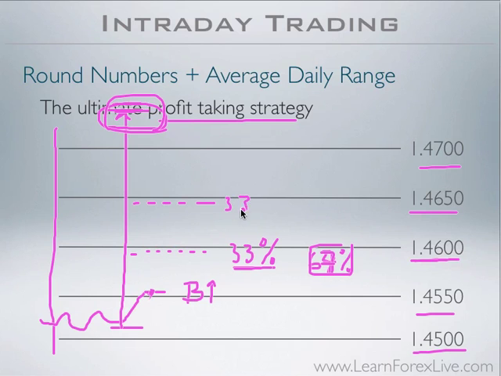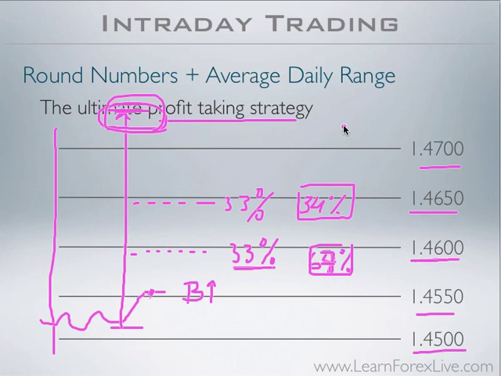33% of the trade would go there, and at this time I have 34% of the trade remaining. Now, what I will do is close the final portion of the trade at the round number immediately before hitting my average true range projection.